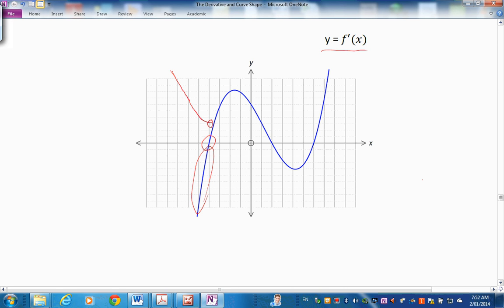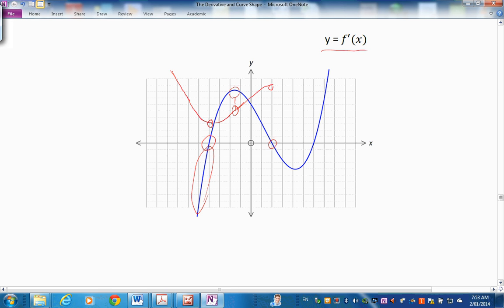Okay. So then what have we got? We've got a maximum value of the slope there. So let's turn this around, and somewhere there has to be the maximum value of the slope, and then it's 0 here, so it's going to come up.